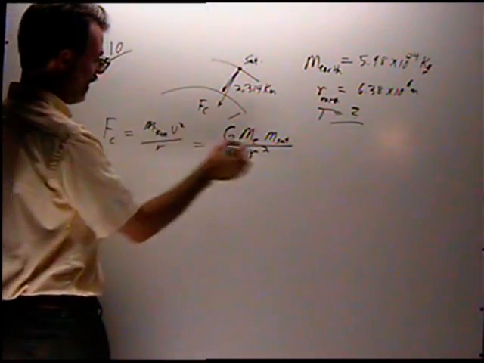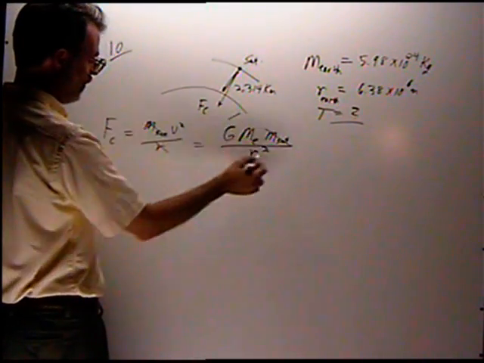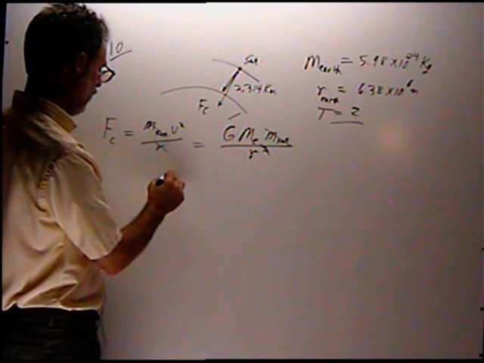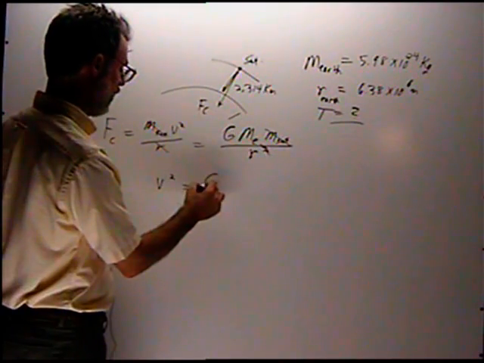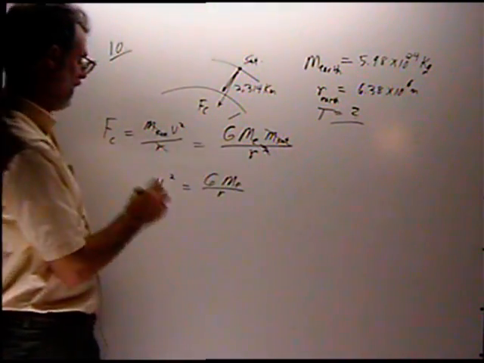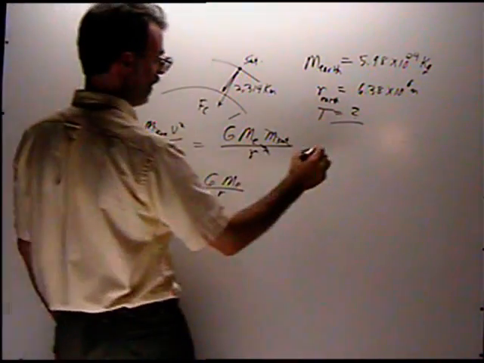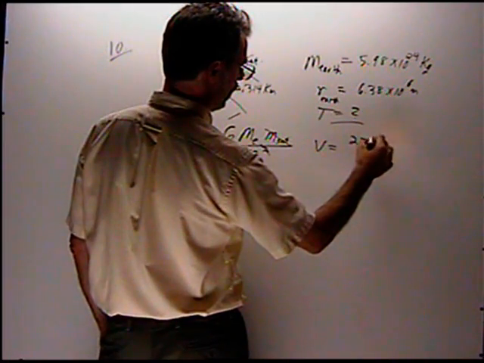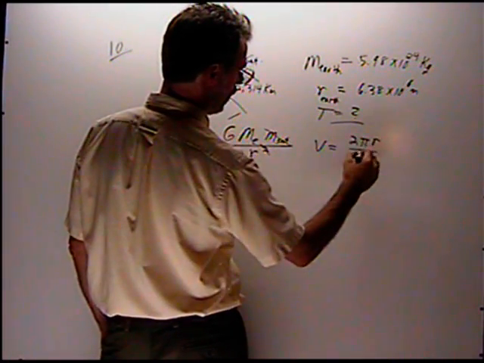So the mass of the satellite, again, cancels out. One of these radii cancels out. Okay, and we're left with v squared equals G times mass of the Earth, divided by r. And again, v, the velocity, is the circumference, 2 pi r, divided by the period.